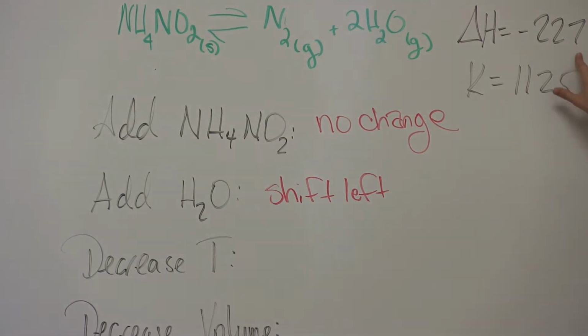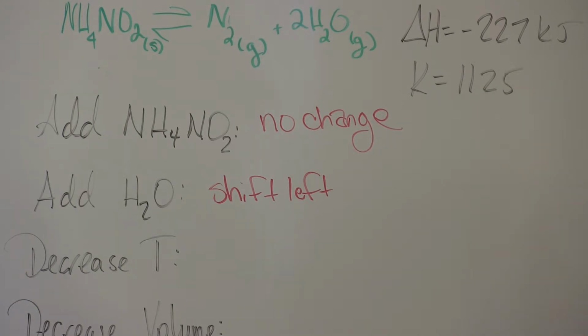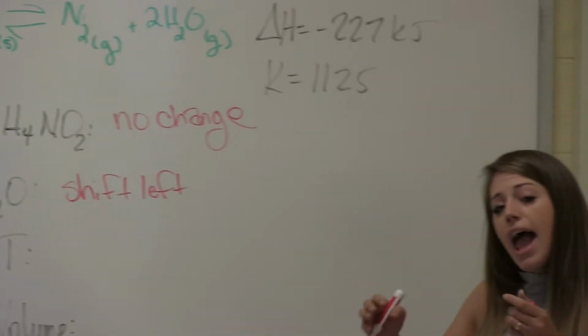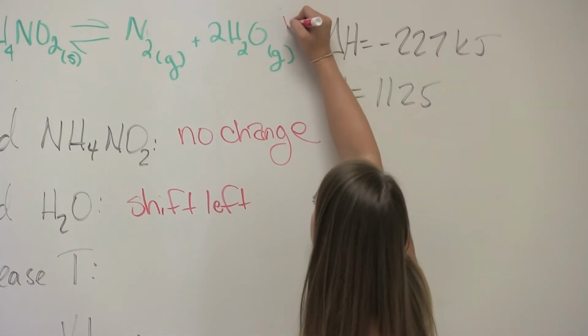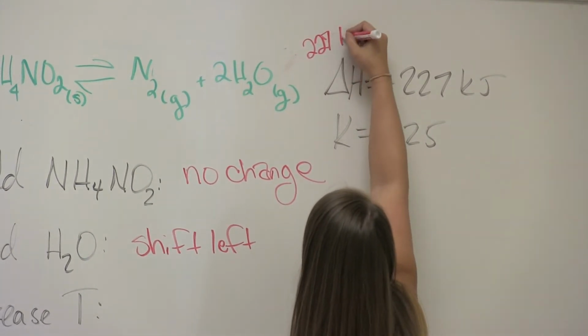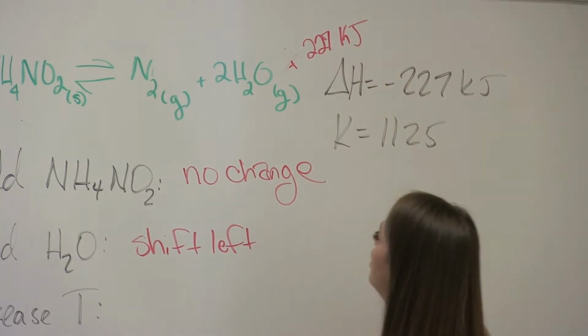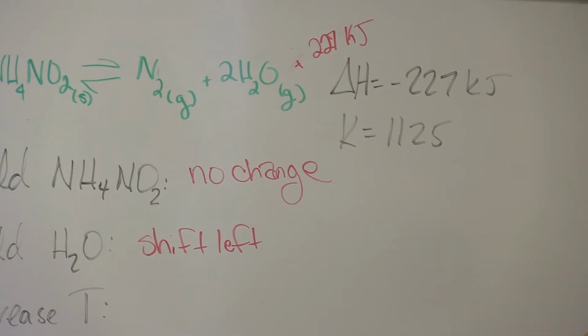Okay, now here, the problem says that our delta H value is negative 227 kilojoules. If it's negative 227 kilojoules, that means it's exothermic. Exothermic is involved in the product side of the reaction. So we're going to have 227 kilojoules of energy on the right side of the reaction. What's going to happen if we decrease that temperature?